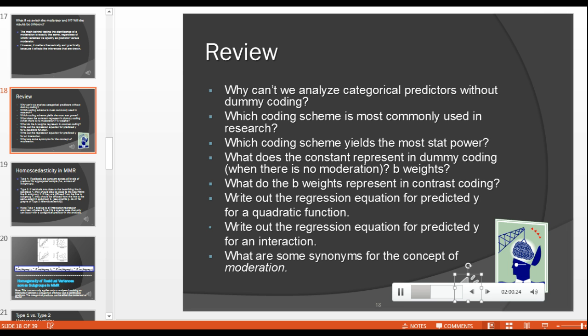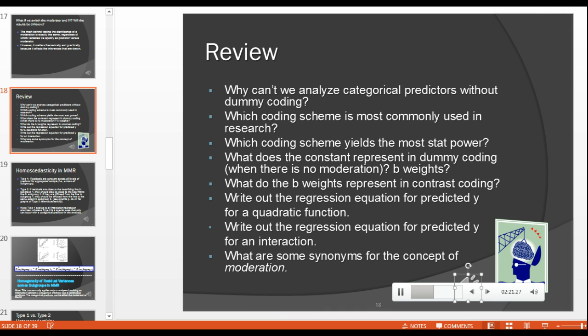However, contrast coding is important when you have many groups. So maybe you have 5 departments or 6 organizations, and you have a special theory a priori about which ones will differ significantly from others. And so that's when you would use a contrast coding scheme.